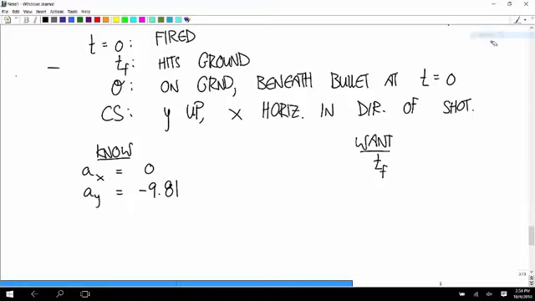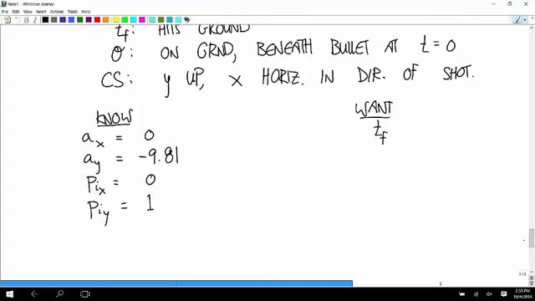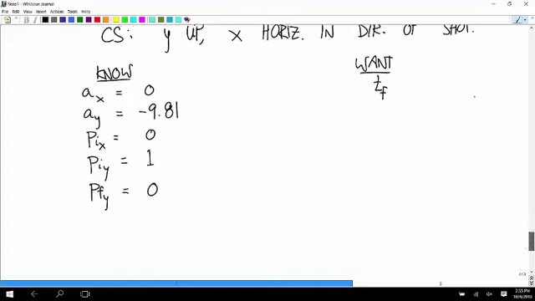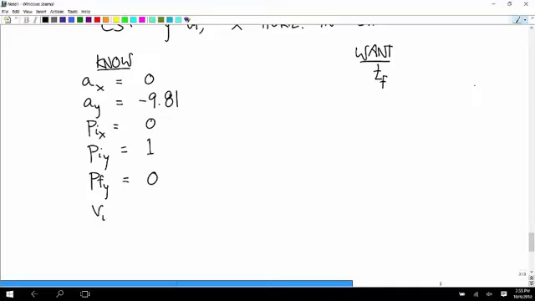The initial position, pix is 0. piy is positive 1. The final position, pfy, is equal to 0, and we don't know how far away it's going to hit. The initial velocity we can figure out, but we're going to have to calculate that.